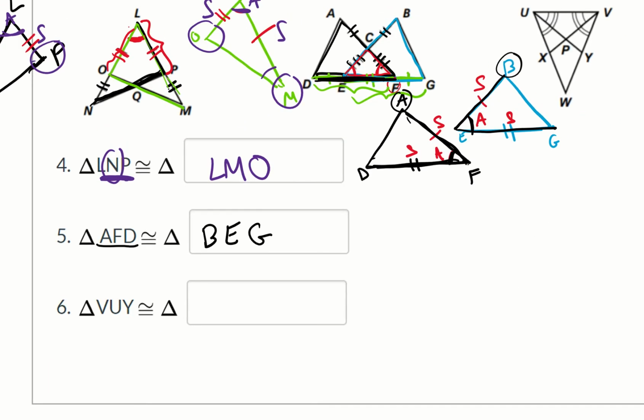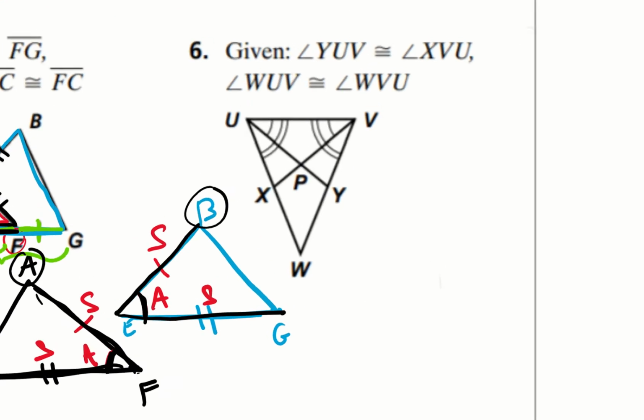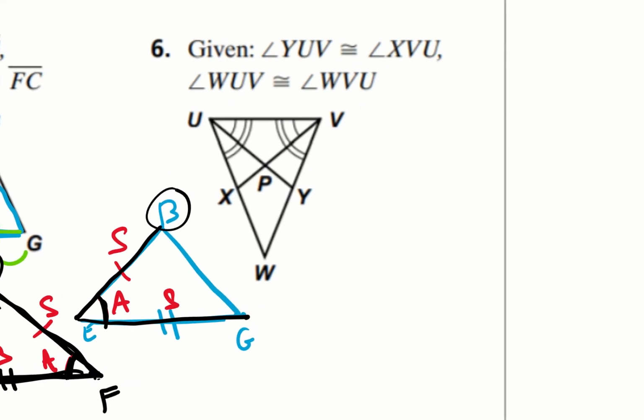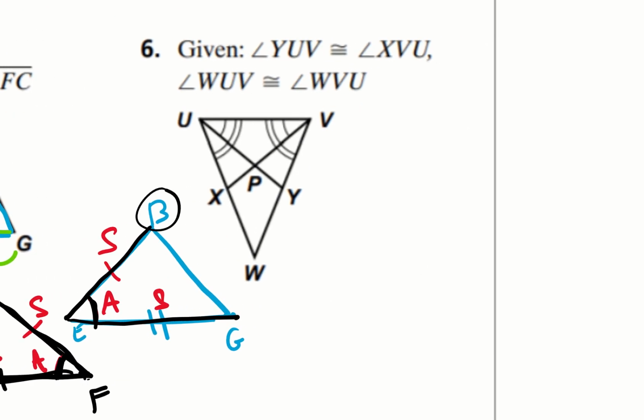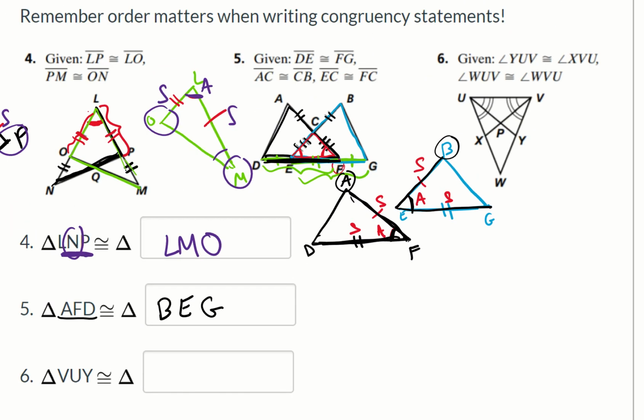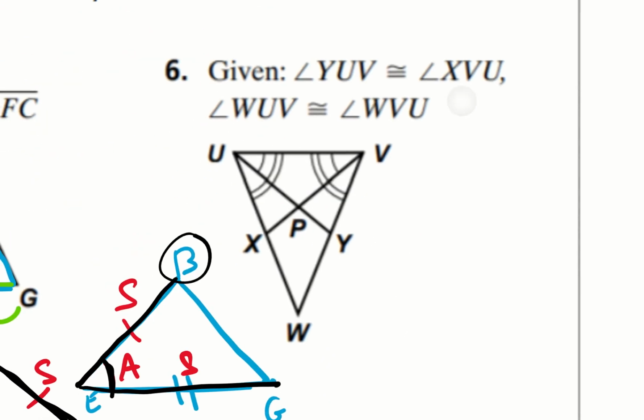Now let's look at the next one, number 6, VUY. So we're looking at VUY for the first triangle. And if you look at that triangle, we can compare it to this triangle right here, right? That's what we're trying to do. So let me draw it here.